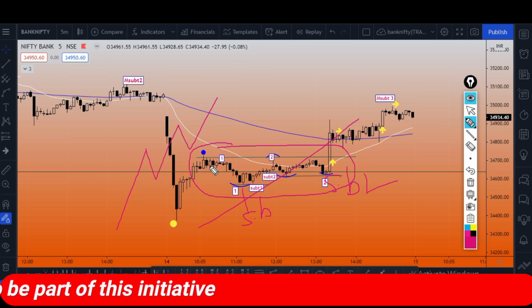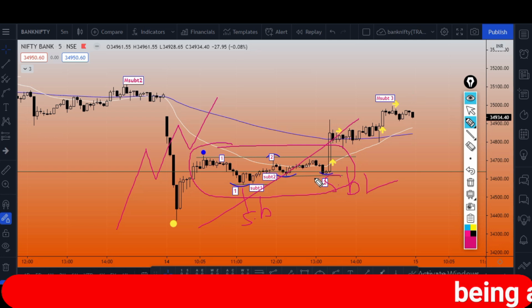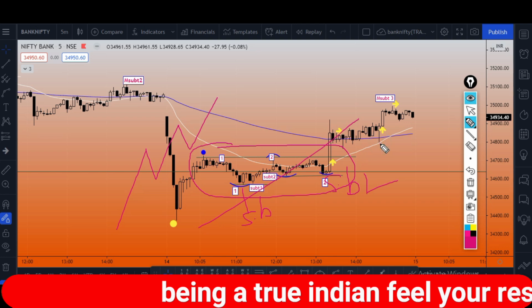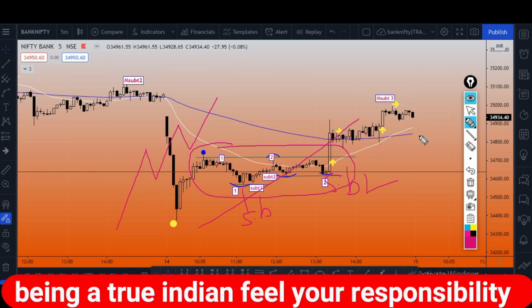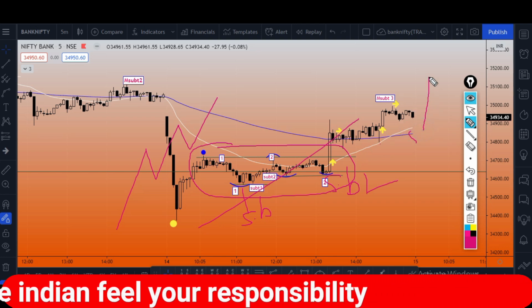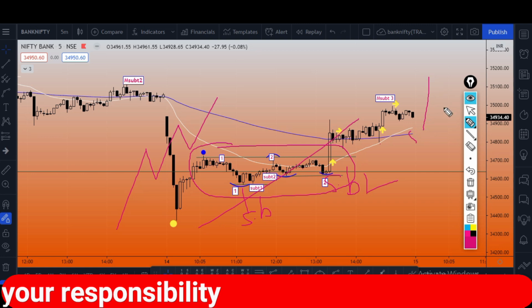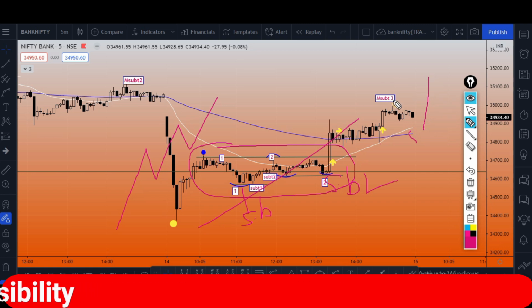Extensions can also come in counter trend: after the second point it might be subtest 1, subtest 2, then price goes up, subtest 3. It is possible in counter trend also.